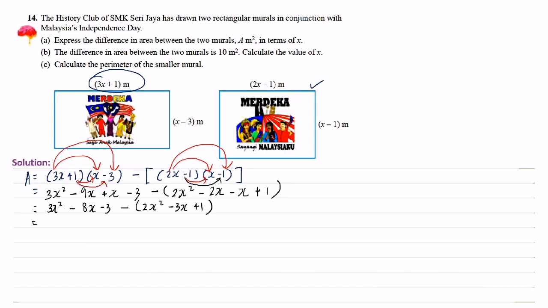Now we open the bracket. 3s squared minus 8s minus 3 minus 2s squared, negative negative positive, 3s, negative positive, negative 1. Okay, so now 3s squared minus 2s squared equals s squared.